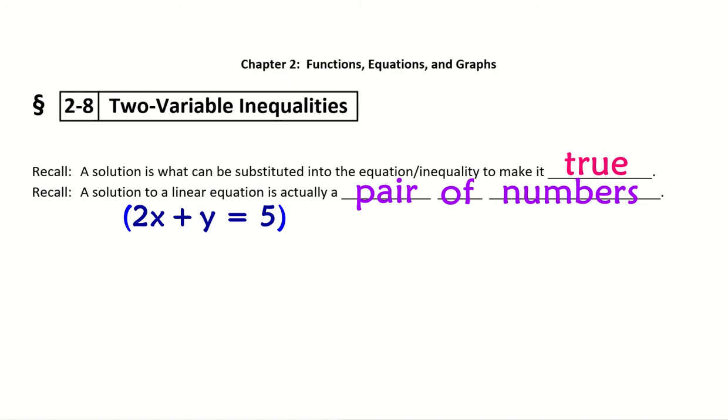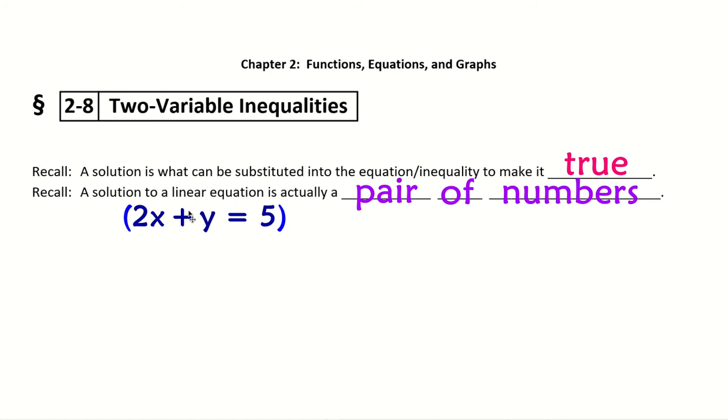One number that's plugging into the x, another number that's plugging into the y, to actually make 2 times x plus y equal to 5.